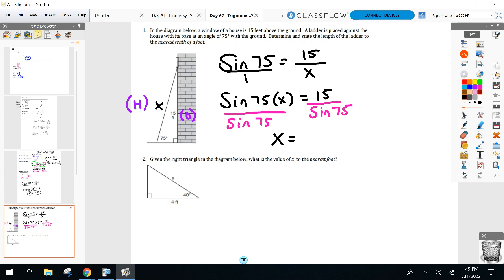And then now I go to my calculator. 15 divided by sine of 75, and nearest tenth of a foot.